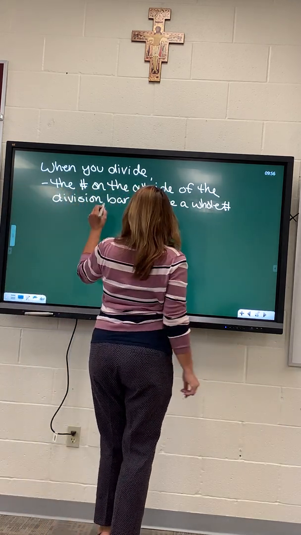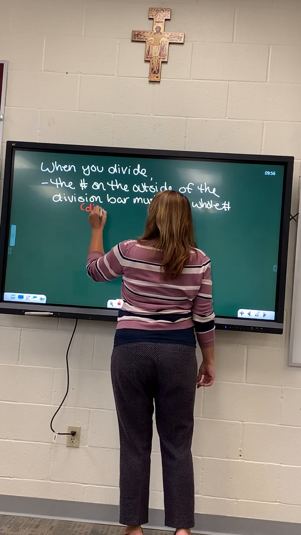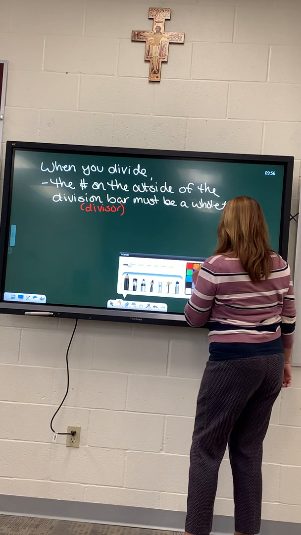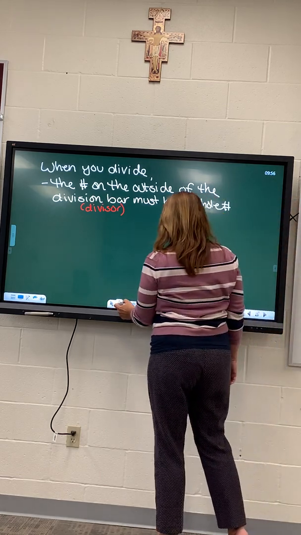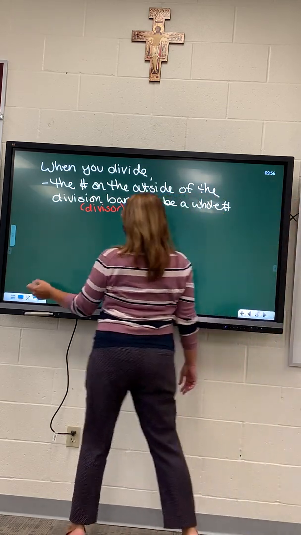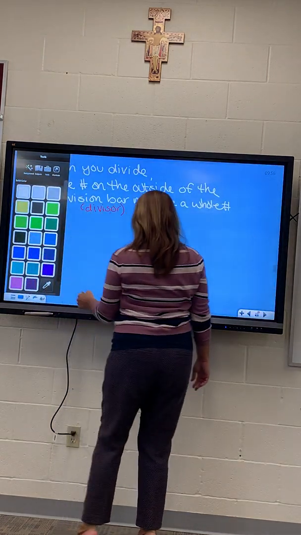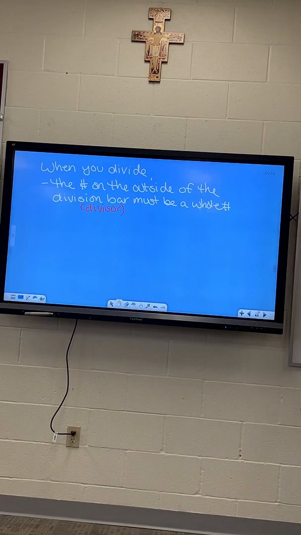The number on the outside of the division bar, which is called the divisor, must be a whole number. What's whole mean? What's a whole number?